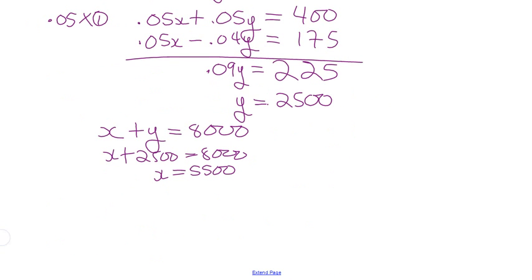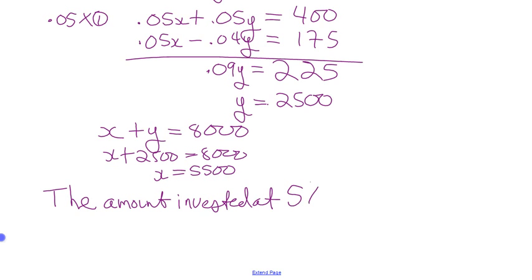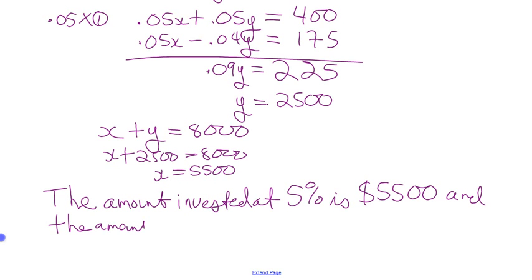It checks, so what do we need? Statement: the amount invested at 5% is $5,500, and the amount invested at 4% is $2,500.